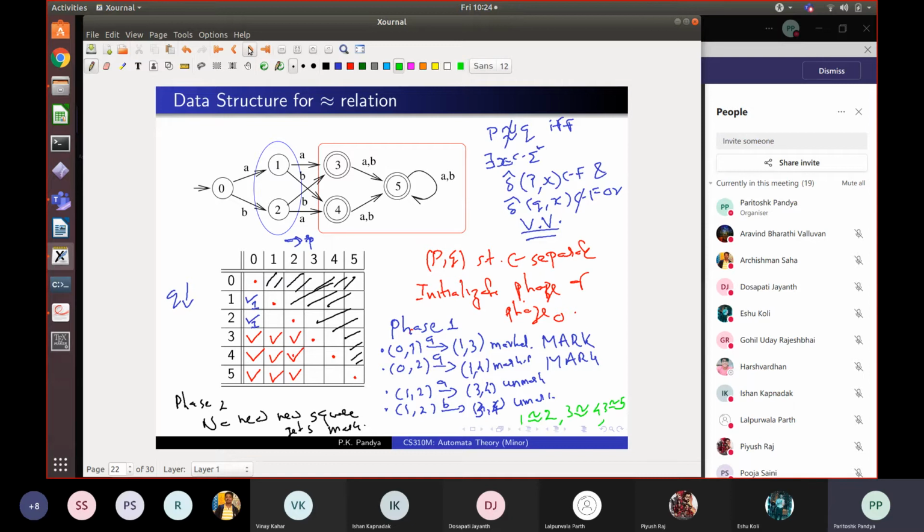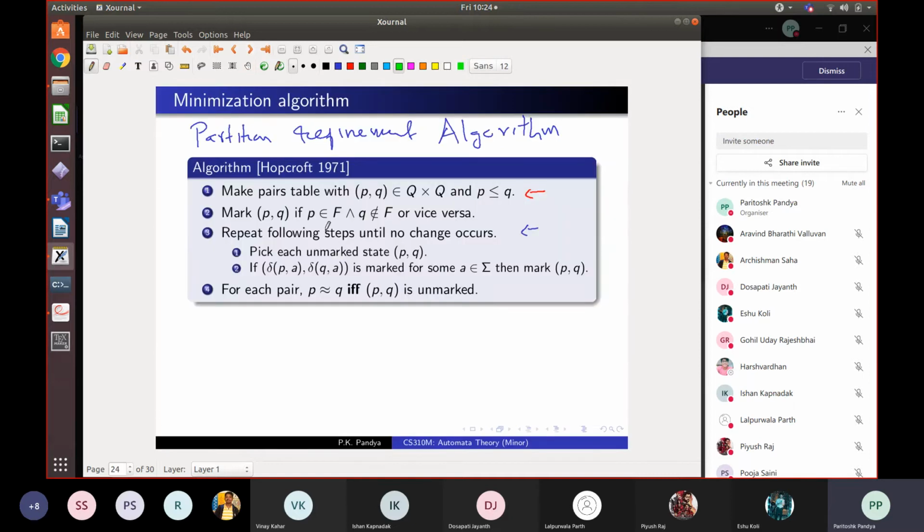And that is this Hopcroft's algorithm, which is given here. So what is the algorithm? First, you create that table, as I told you, with columns representing states P and the rows representing states Q. Of course, diagonal entries will never be marked, so you by default call them as marked. All the upper triangular matrix, you don't care about.